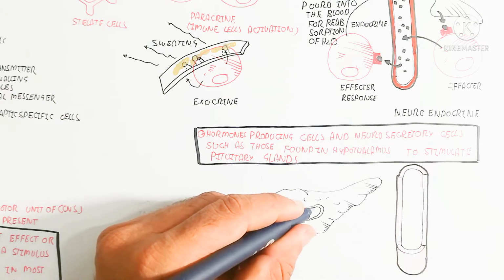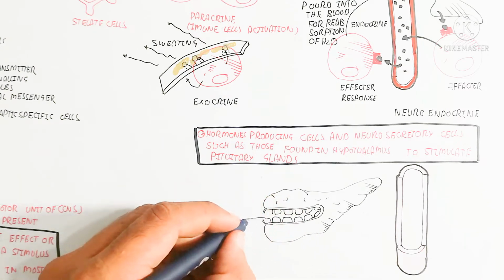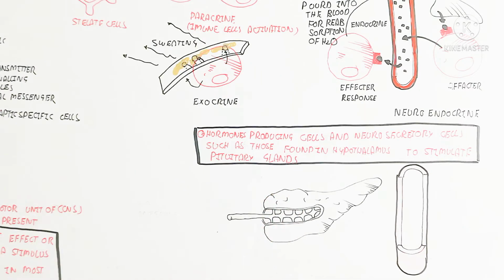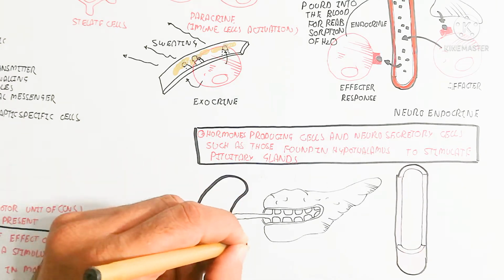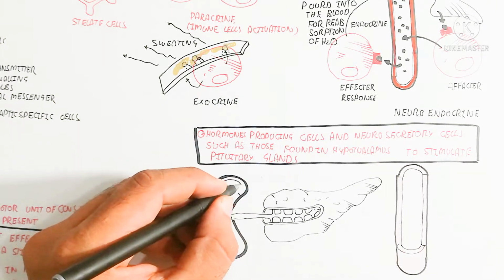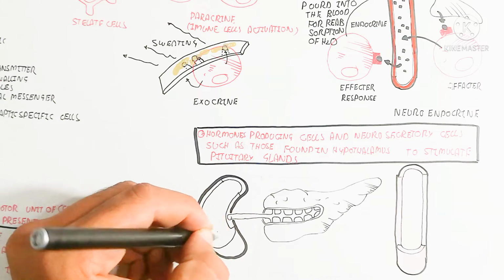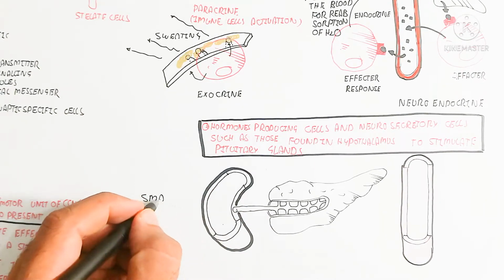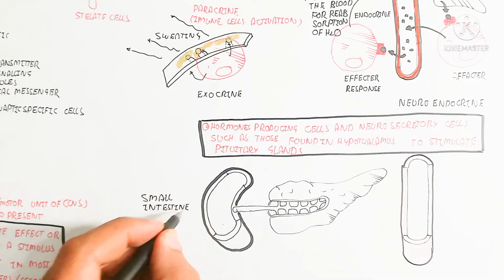For example, the exocrine hormone or enzyme is pancreatic lipase and chymotrypsin, because this is the pancreas and this is the duodenum. I am not mentioning everything in this video, but you can understand it as well.